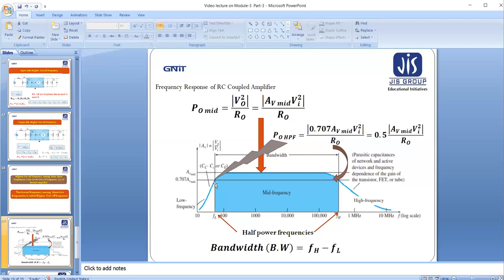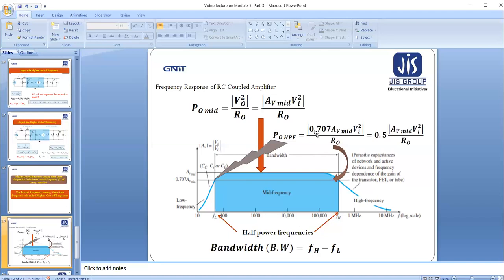But at half power, at this corner frequency, we know V naught will be 1 by root 2 times AV mid into VI, because we have seen that at this particular corner frequency the voltage gain will be 1 by root 2, or 0.707 times the mid band gain.